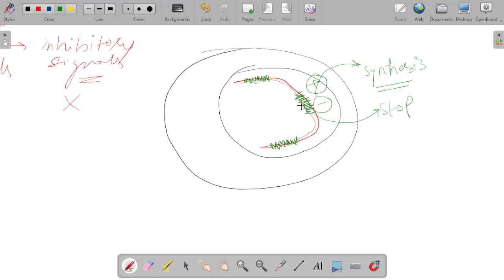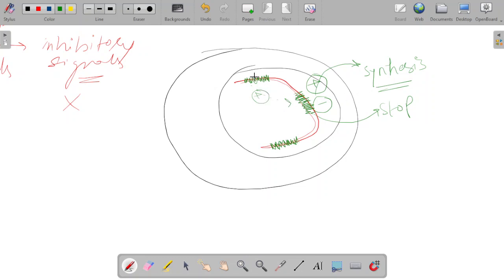So this gene is under the influence of what? These are two other groups of genes. This gene makes a product, and this gene stimulates this one. If this one is stimulated by this group of genes, the cell undergoes the cell cycle.